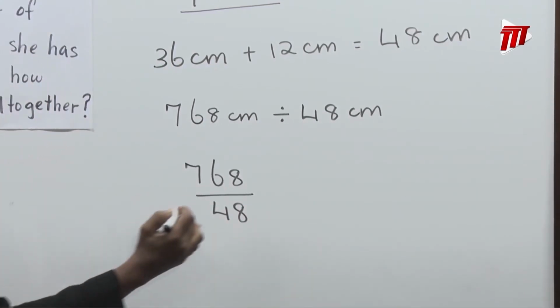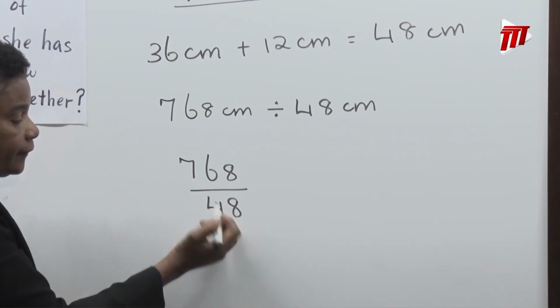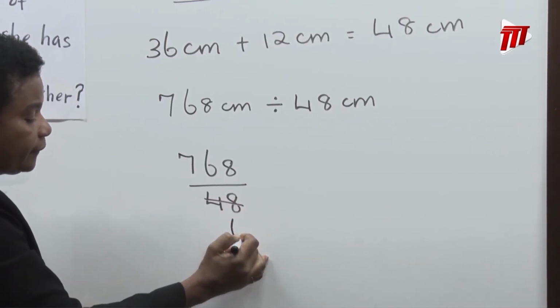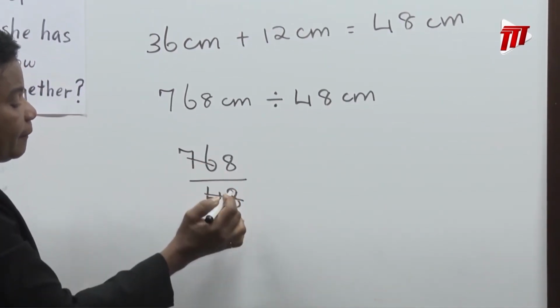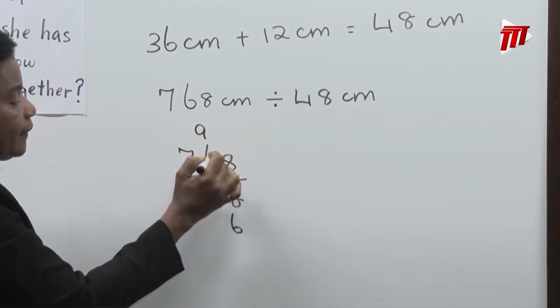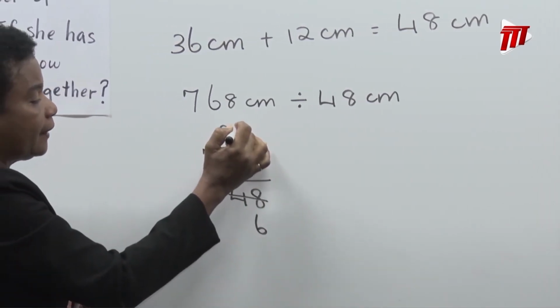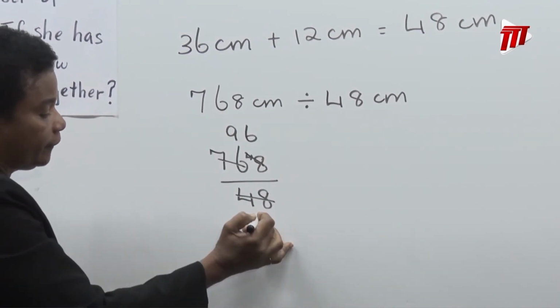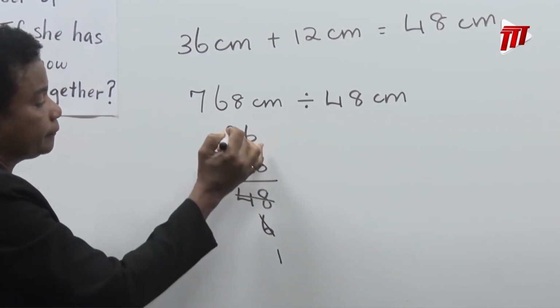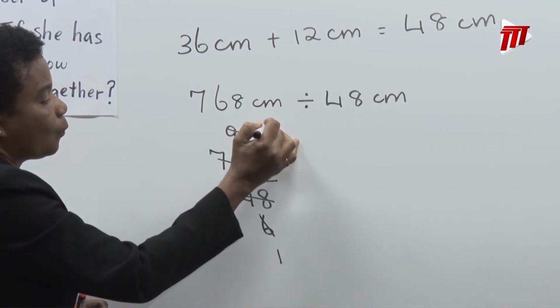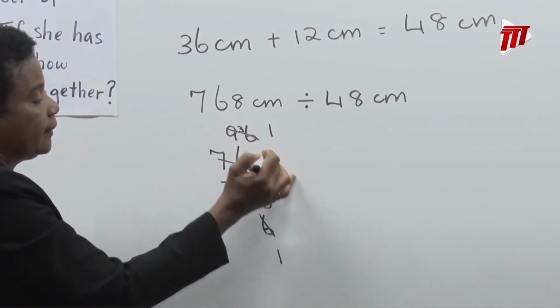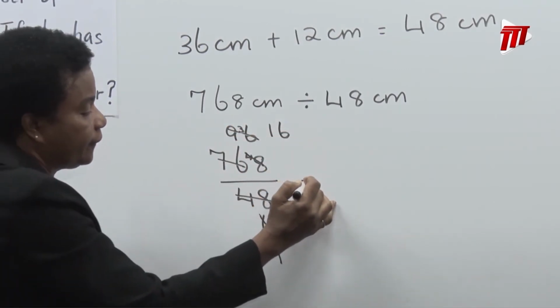Let's see. We are going to try 8. 8 into 48 is 6. 8 into 76. 9 8s is 72. Remainder 4. And 8 into 48 again is 6.